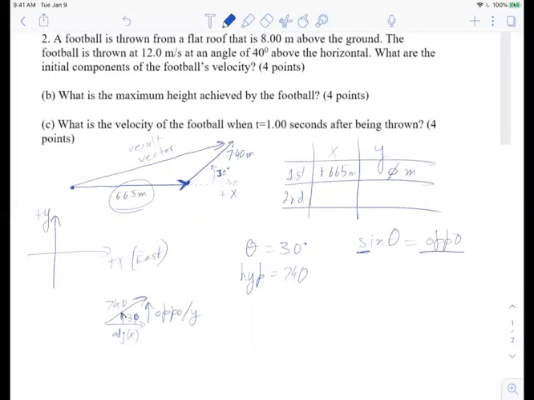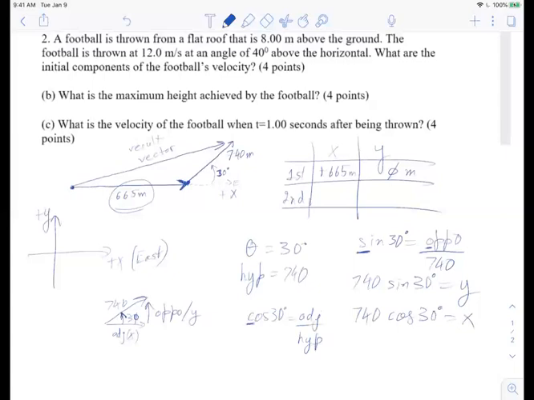So the hypotenuse is 740, and sine of 30 degrees gives the opposite, so 740 times sine of 30 degrees, and that opposite is the Y component. Similarly, the other thing is cosine: cosine of 30 degrees is equal to adjacent over hypotenuse.